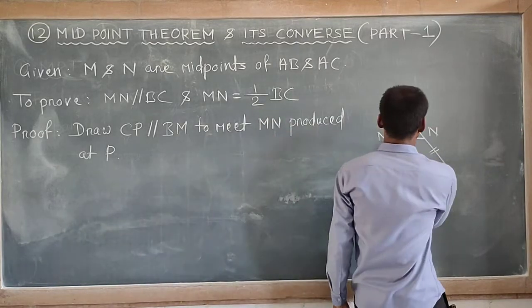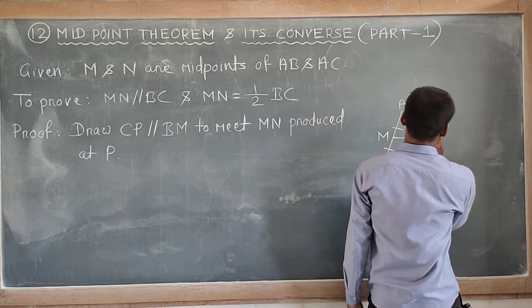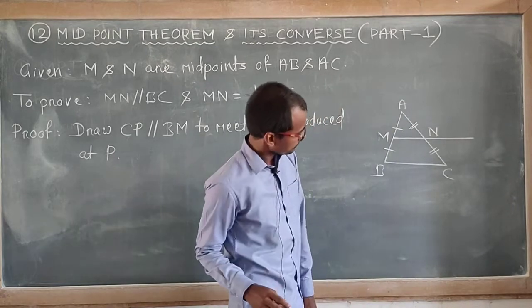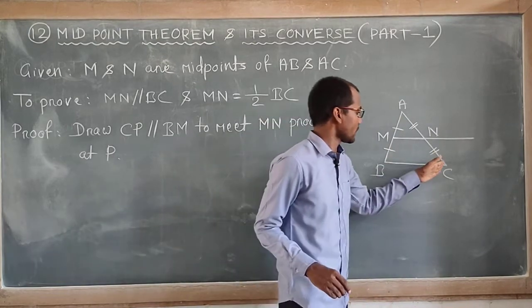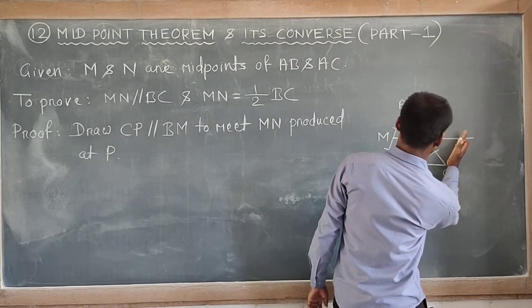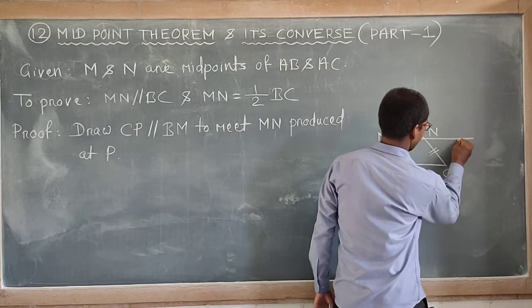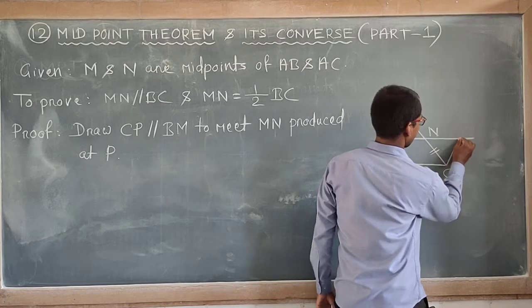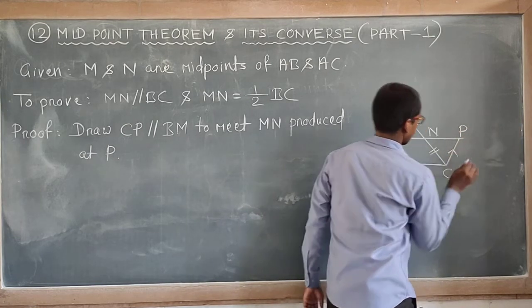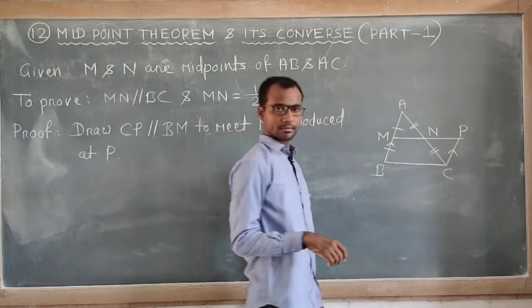So let us produce this MN, in this way. Then from C we will draw a line parallel to BM, like this. This point is P. Now this is parallel to this.